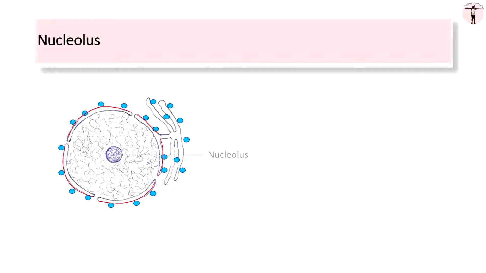The nucleolus is a highly refractile spherical or round body, but it is not surrounded by a covering membrane and is located inside the nucleus. The nucleolus takes up around 25% of the volume of the nucleus. It is a compressed mass of a mixture of RNA granules and proteins.